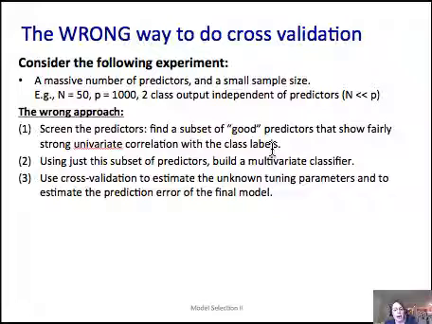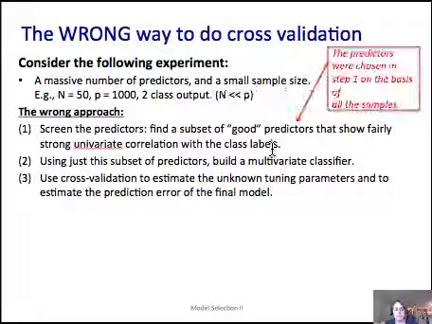Then you're going to go on and use just that subset of predictors to build a multivariate classifier. Then use cross-validation to estimate the unknown tuning parameters and to estimate the prediction error of the final model. Okay, there's many blunders here. First of all, the predictors were chosen in step 1 on the basis of all the samples.